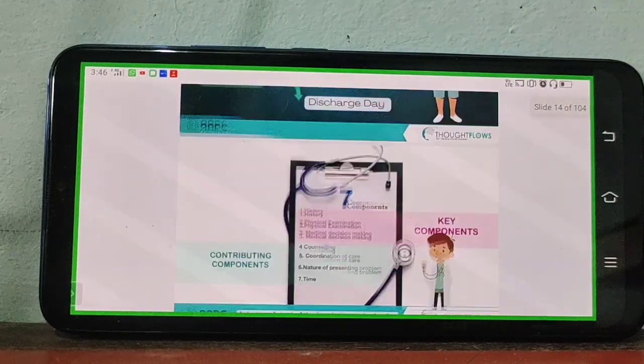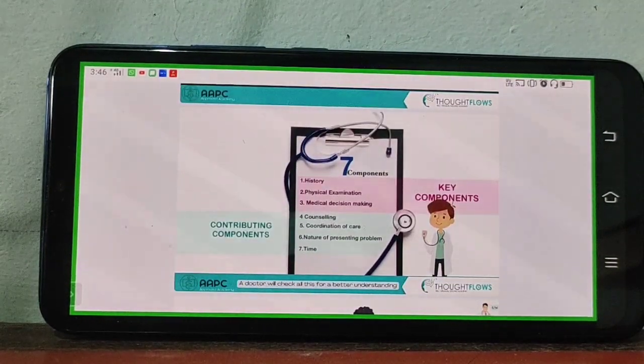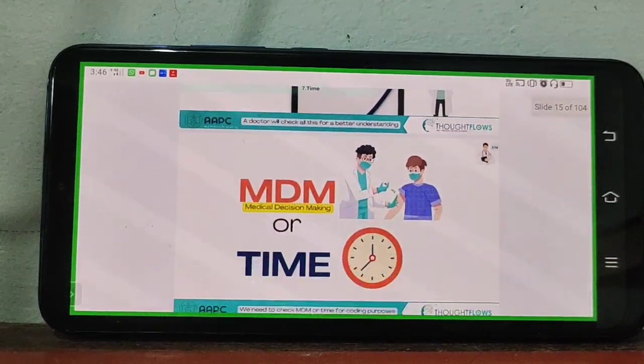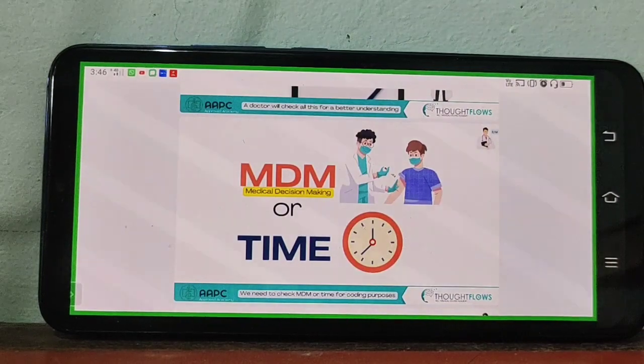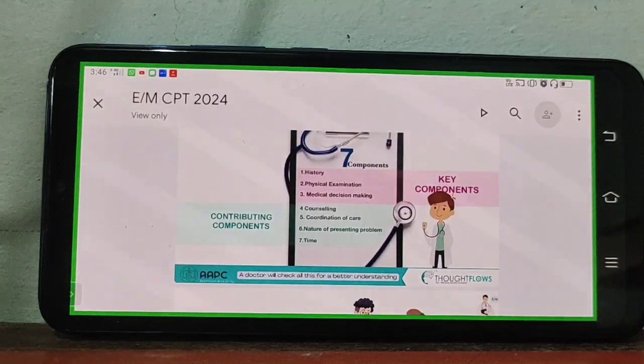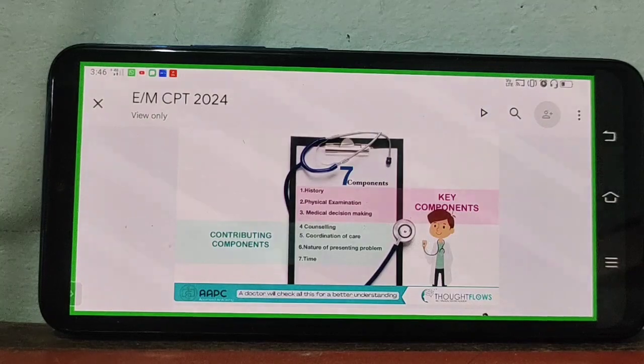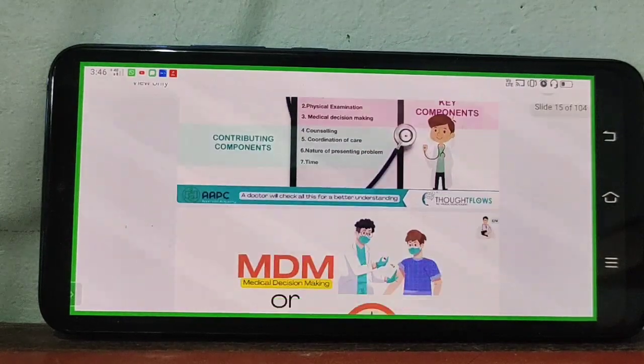Now, before 2023, that means up to 2022, we have to follow these 7 basic components. Of those, based on the first 3 key components only, we have to select the appropriate code. But as per our 2024 guidelines, no need to check history and physical examination.